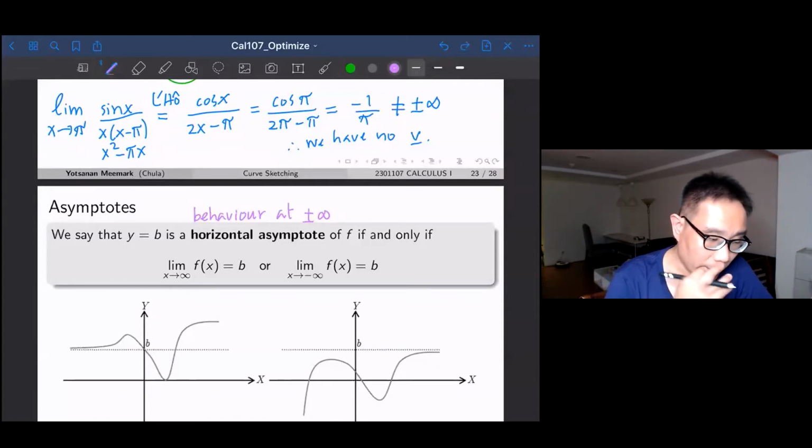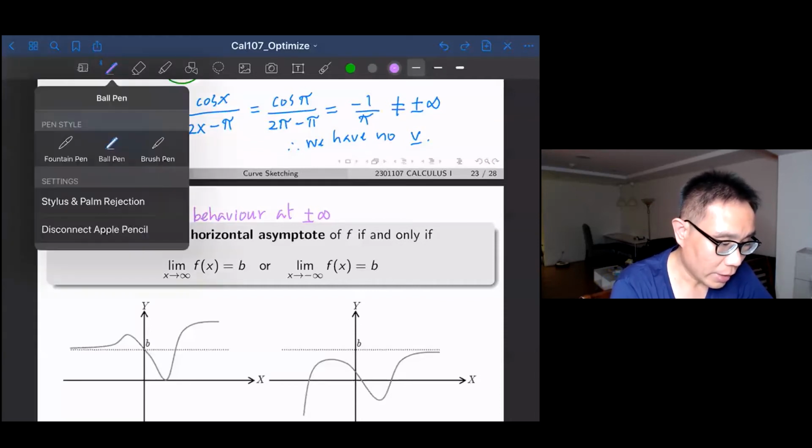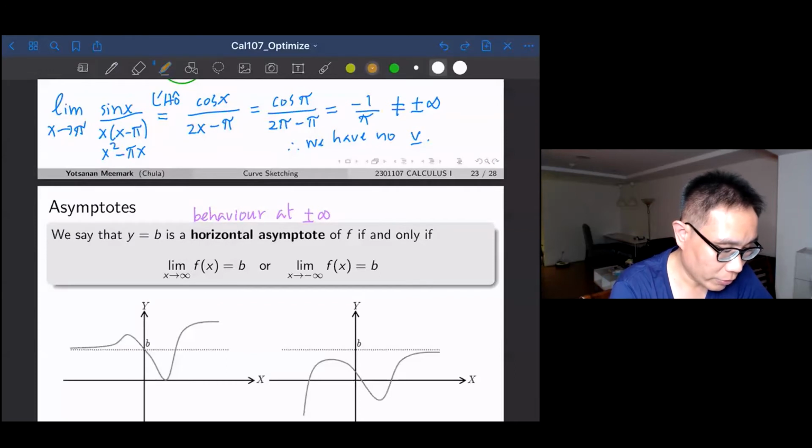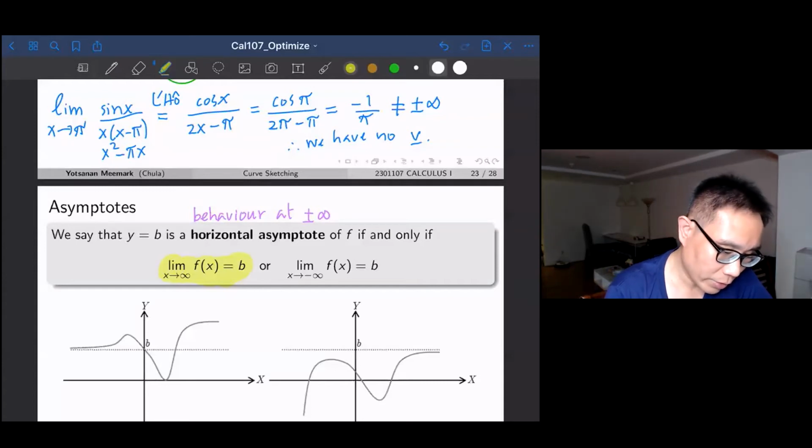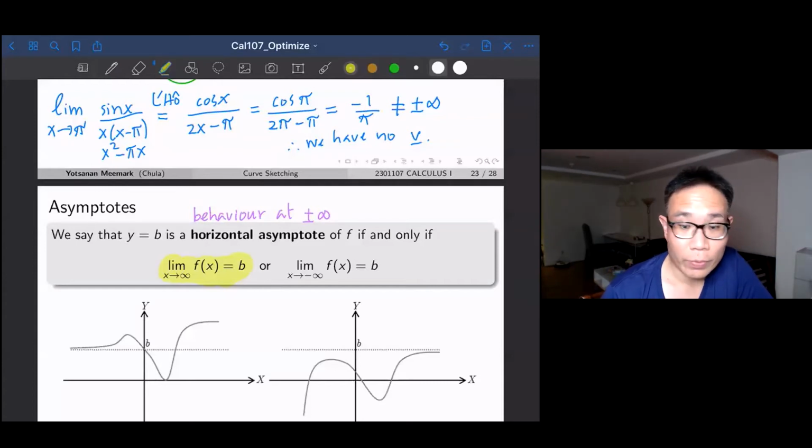So we're going to find the limit as x goes to infinity of f(x). If you have the limit as x goes to infinity of f(x) equal to b, you're going to have the first picture, so it turned out to be a horizontal asymptote.